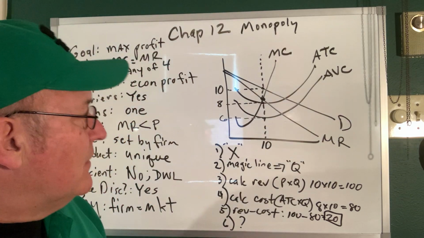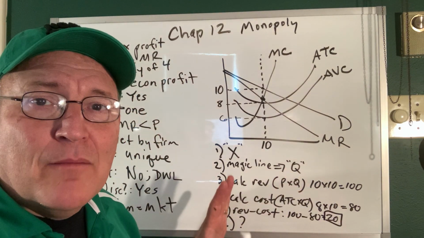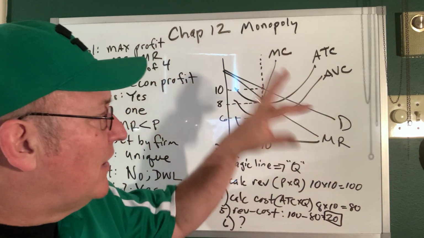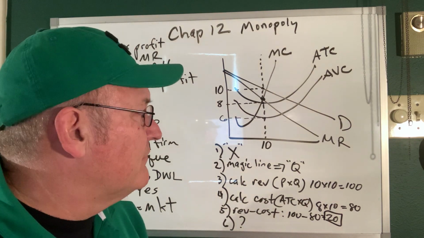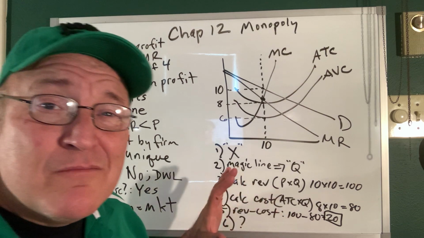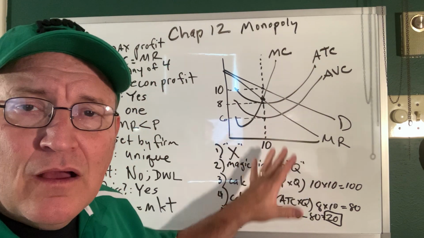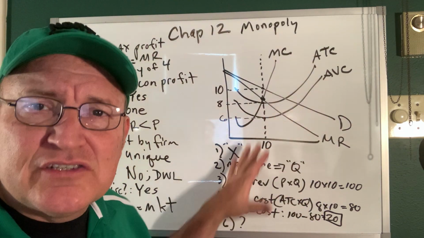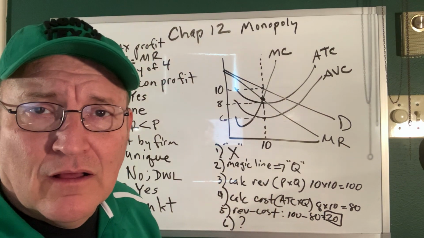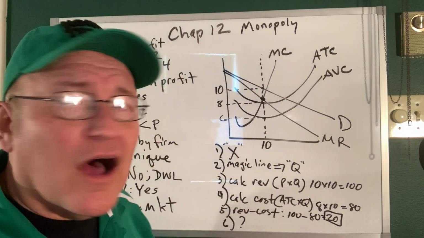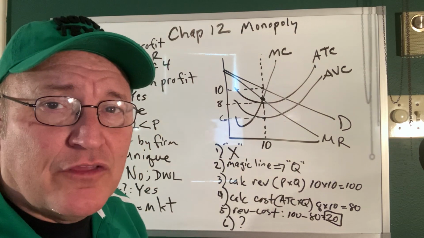So, again, that's what a monopoly looks like. Slightly different demand curve and marginal revenue curve, but same cost curves. Most importantly, it's the same checklist used to calculate revenue and cost. I just want to make sure we're clear here.